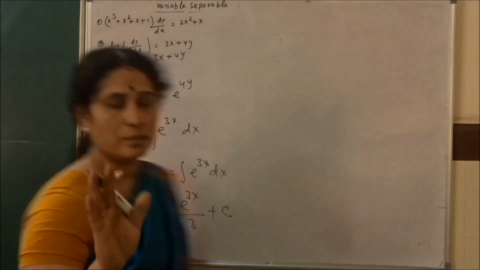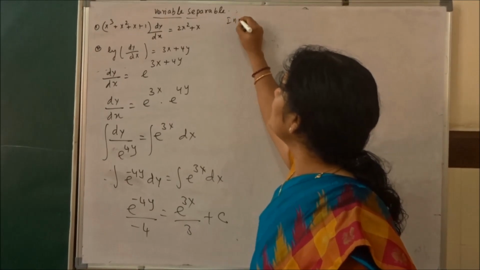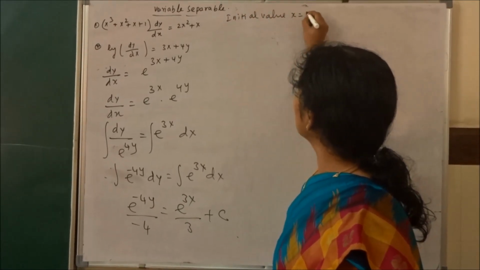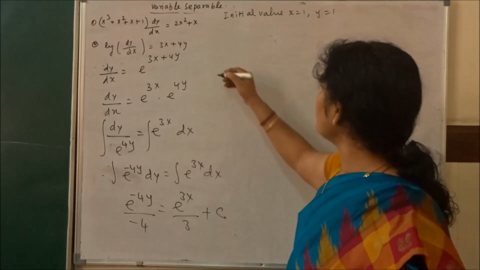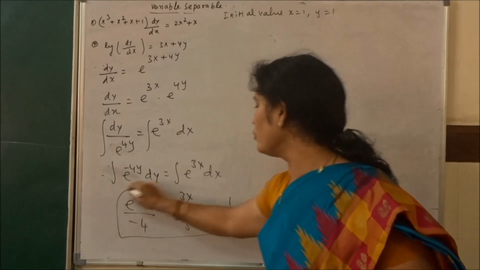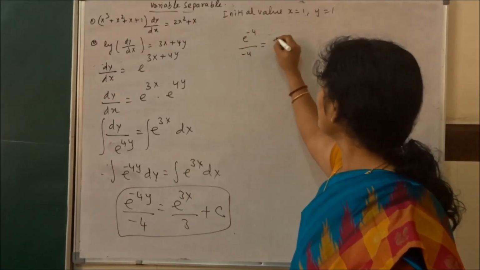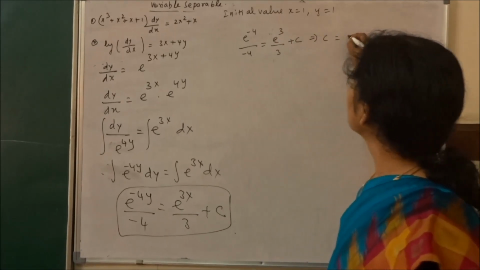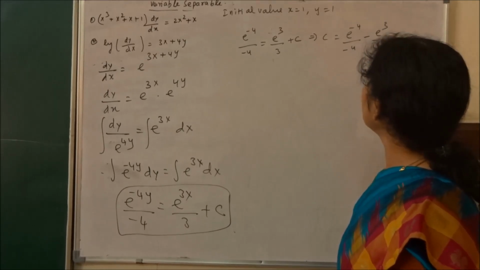Suppose, just as an example, they have given the initial value x equal to 1, y equal to 1. Then you have to substitute this in the general solution. We will get e power minus 4 upon minus 4 equal to e power 3 upon 3 plus c. This implies c is equal to e power minus 4 upon minus 4 minus e power 3 upon 3.